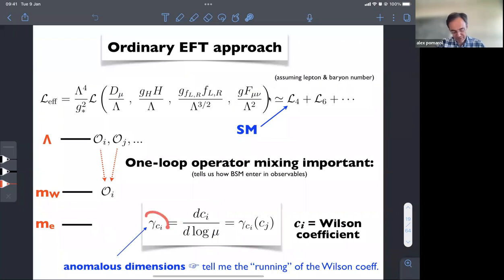It's important to calculate this running of the couplings, as in the standard model. It is a good way to derive the physics at different scales. If I do an experiment at the mass of the electron, I only have to evaluate the couplings at the scale of the electron mass.